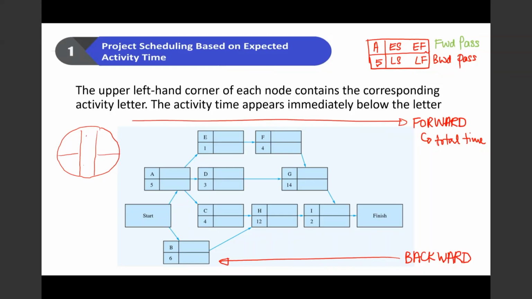This is early start, early finish, late start, late finish. I'm flexible. You can use either way as long as the answer is there. I'm happy whether you want to use the round node or a square node. It's all up to you how you want to represent your network.